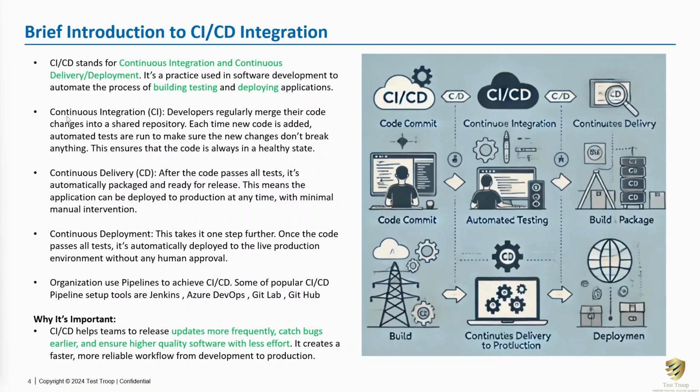Now he merges his changes and the tests get automatically triggered. Where exactly are these tests run? These tests are not run on your desktop where you have developed them, but there is a dedicated resource pool attached to this continuous integration pipeline to run these automated tests.